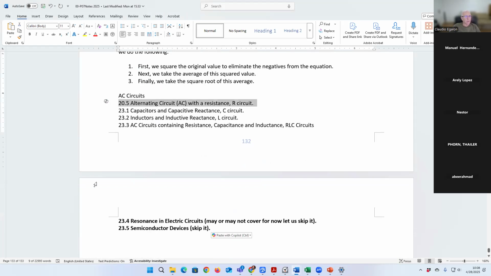We went back to chapter 20 because chapter 20 covered the alternating current with a resistance, right? We did AC circuit for a capacitor only, for an inductor only, and for RLC circuits, for resistance, inductance, and capacitance.